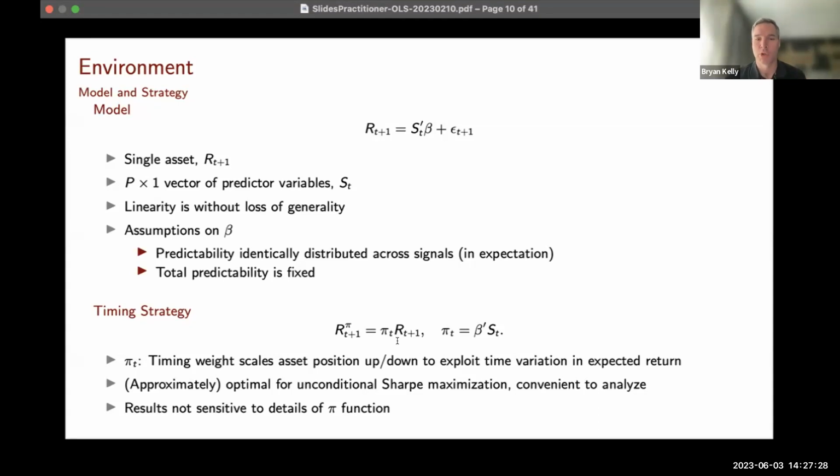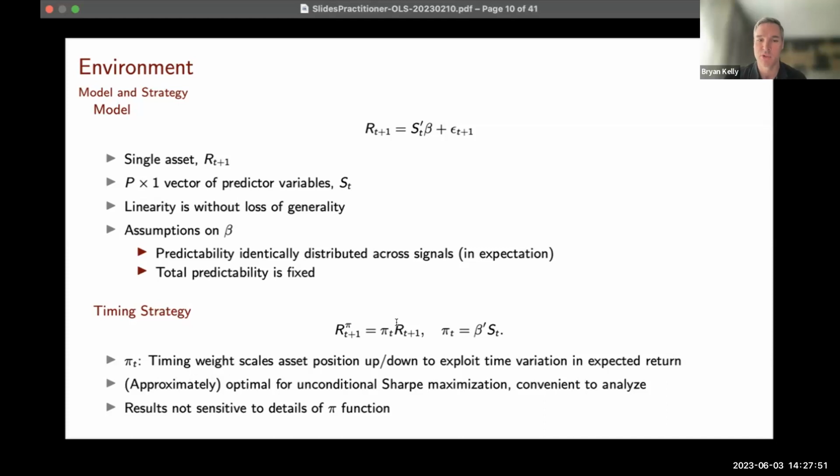We're going to take a linear trading rule where we build our forecasts period by period. When we're forecasting a high expected return, we take a larger weight, a larger timing position in the market. And when we forecast a lower expected return, we'll take a lower timing weight. So it's really a timing strategy. That's the nature of this problem.